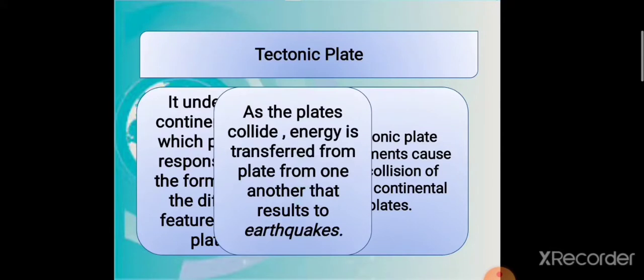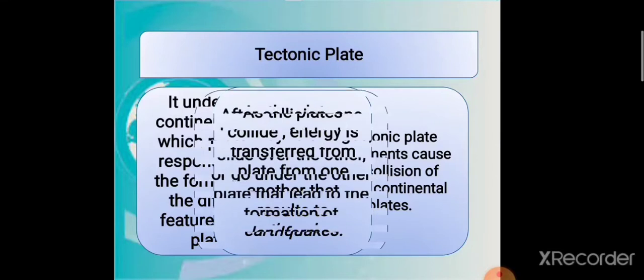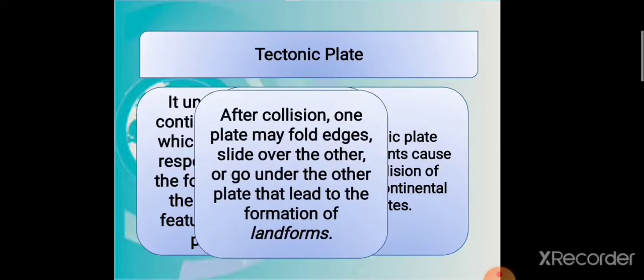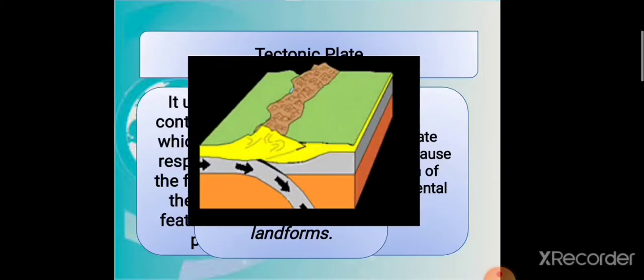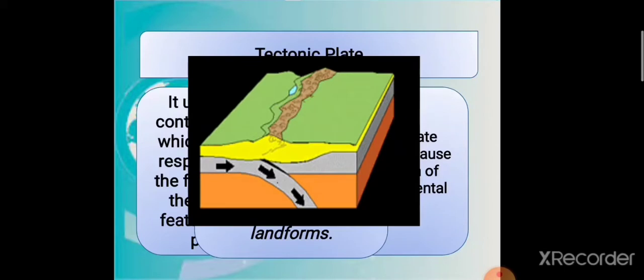So as the plates collide, energy is transferred from one plate to another that results in an earthquake. After the collision, one plate may fold edges, slide over the other, or go under the other plate, that lead to the formation of the landforms, as you can see in the GIF.